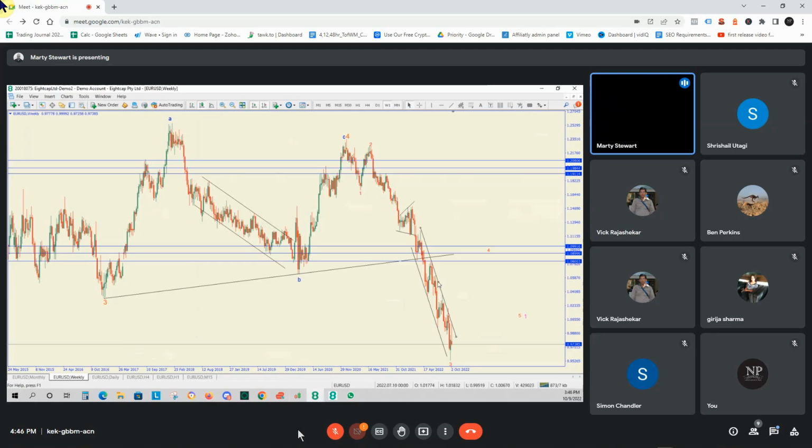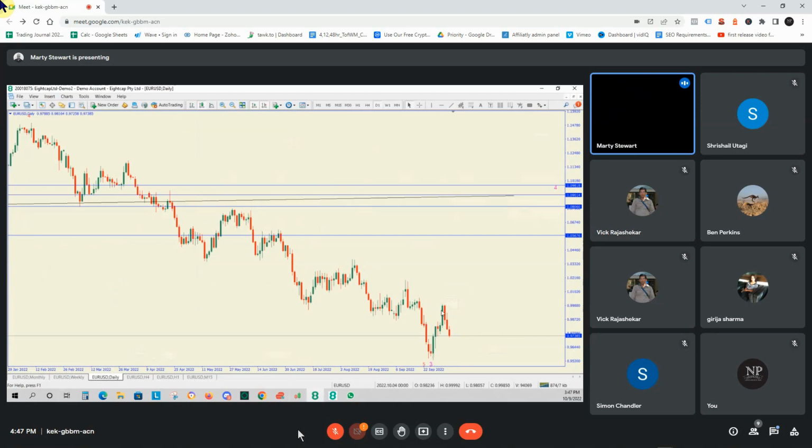So I'll teach you guys how to draw channels, how we can identify waves with channels to let us know when an impulsive wave could be during or nearing its expiration. So again, for our euro, we'll be looking at more downside movement here. I believe this is a 3 on a daily, so this could be a 4, which will drag out for a little while, but then we're likely to see more downside.